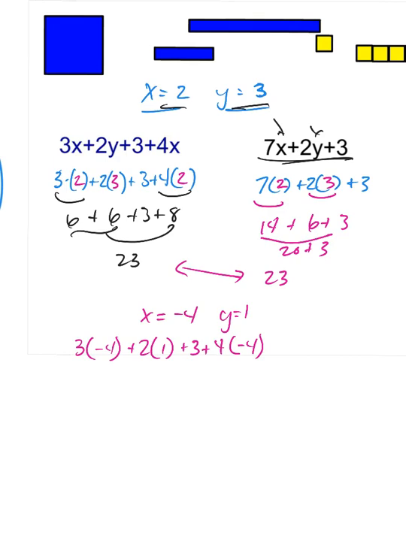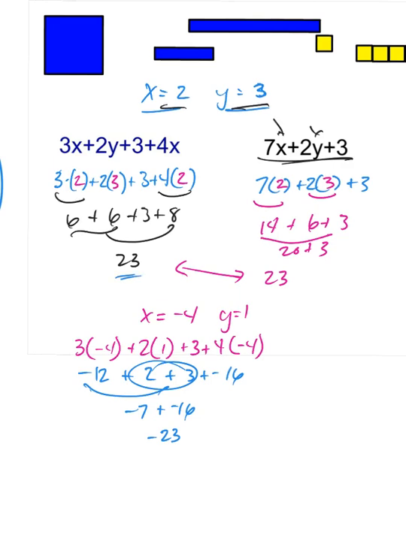And that means this would be negative 12 plus 2 plus 3 plus negative 16. This is positive 5. Positive 5 plus negative 12 would be negative 7, plus negative 16, which would be negative 23. That's just coincidental that it's the opposite of this one.